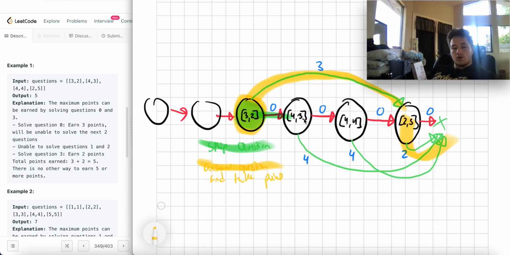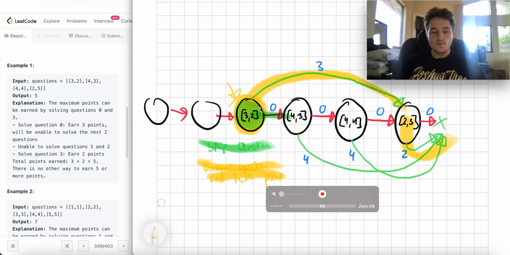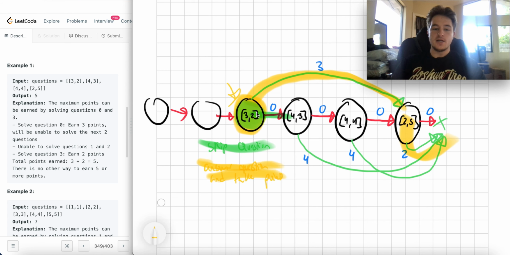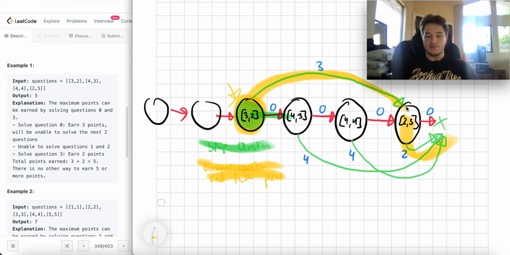So I guess the idea is that for this node that we have highlighted here, what we should do is whatever gives us more points. So we should skip this question if at this state we have more points than if we took this question and got the points associated with here.